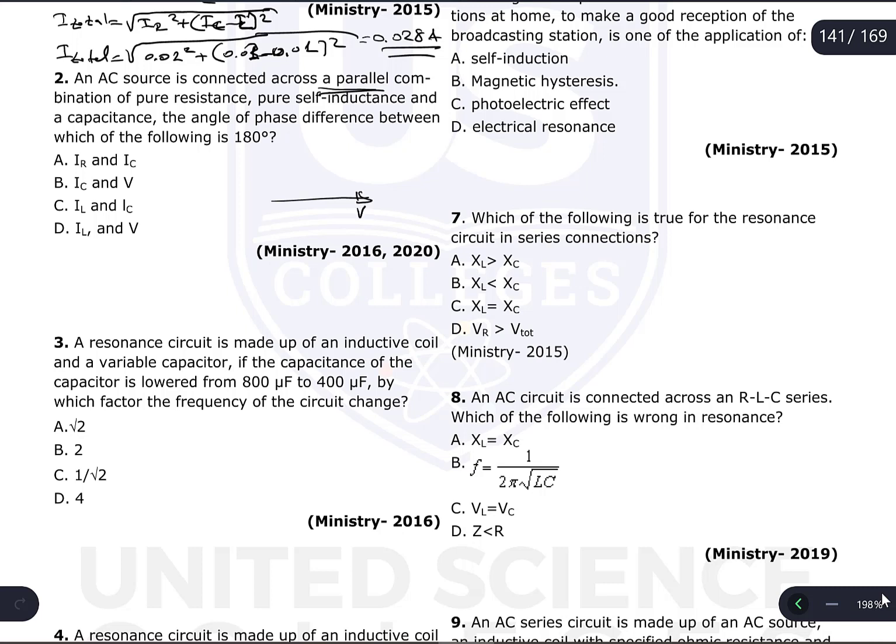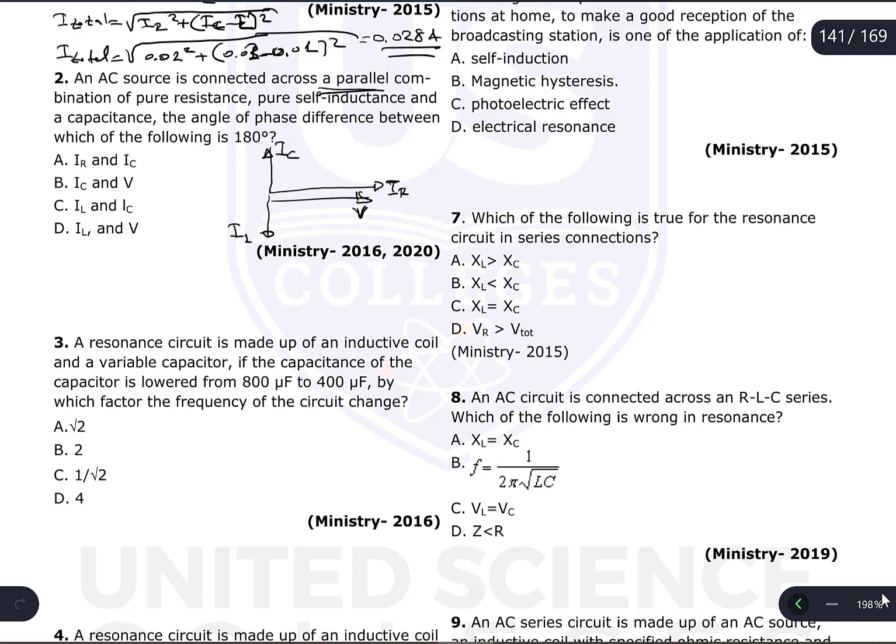So V is equal for each component, and we know IR is in phase with the potential difference across the resistor, but the electric current across the capacitor is leading the potential difference, and the electric current across the coil lags behind the potential difference.